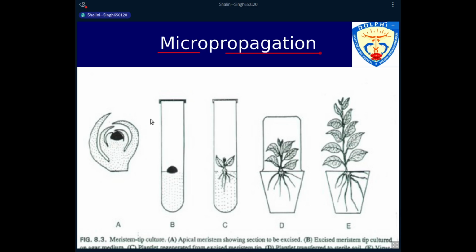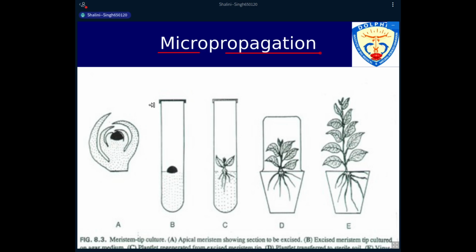There are basically two methods of plant cultivation. Your plants may be cultivated either by seeds or by vegetative means. When you are producing plants by seeds, that is known as seed cultivation or sexual reproduction of the plants.